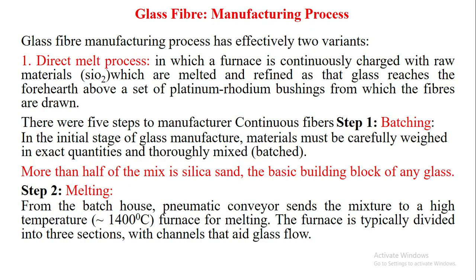Today we will see some manufacturing processes of glass fibers and carbon fiber materials. As you know, glass fiber and carbon fiber are the two main basic types of fiber materials. Fiber materials are classified in different ways, but based on availability, fibers are classified into natural fibers, which are naturally available, and scientific fibers.